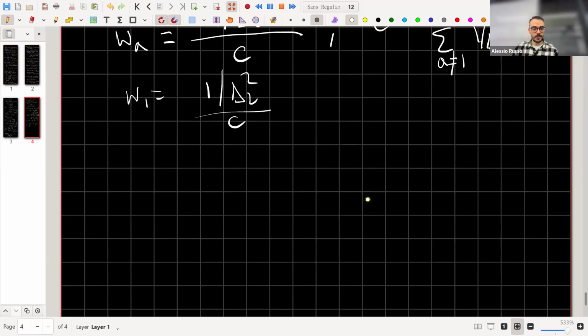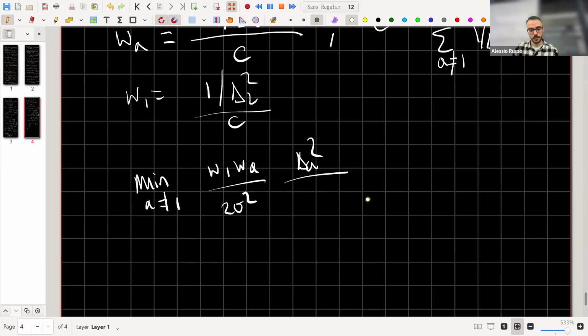So when we plug in these values in the previous expression, the previous expression was W1 WA divided by 2 sigma squared delta A squared divided by W1 plus WA.